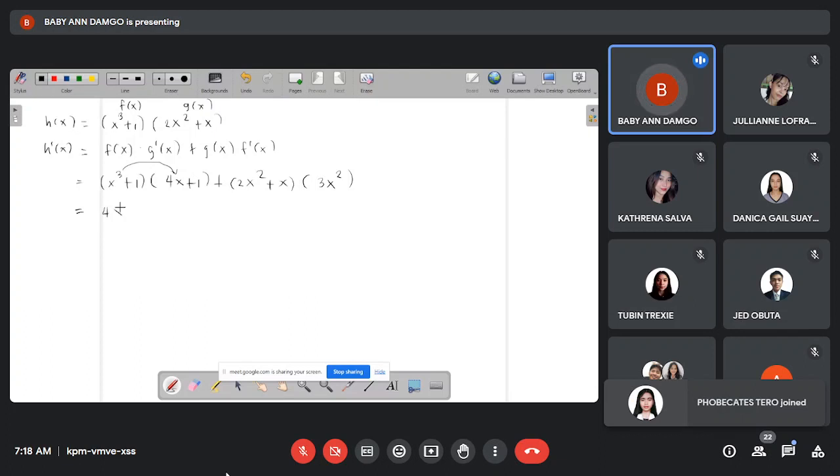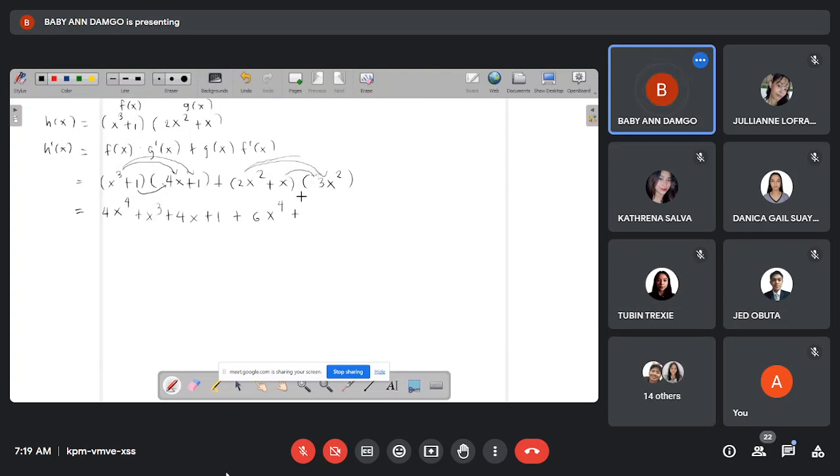This is 4x to the 4th, plus x cubed, plus 4x plus 1. So, plus, so kanina sad, this is 6x to the 4th plus 3x cubed. Okay? So, combine like terms. So, kani, pwede na to i-add.